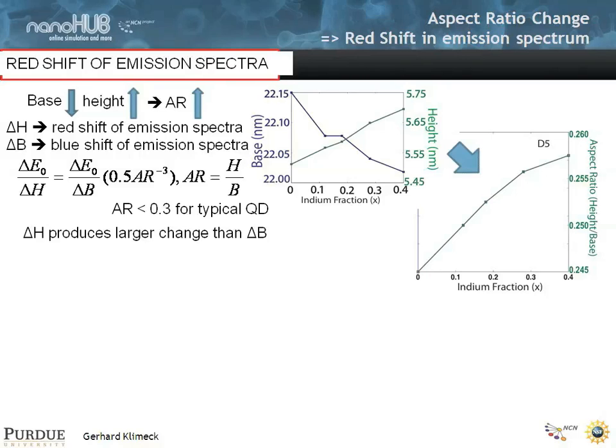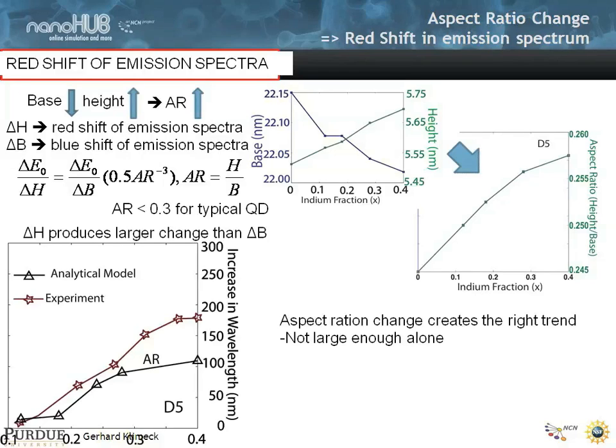That means overall the eigenstates are going to redshift, meaning the band gap is getting smaller. So here's this aspect ratio change model. If you make the indium concentration larger and put more indium into the buffer layer, the aspect ratio gets larger. That results in a band gap decrease.